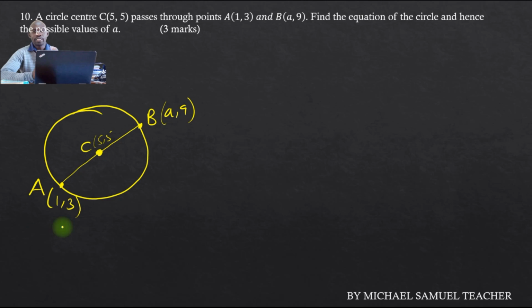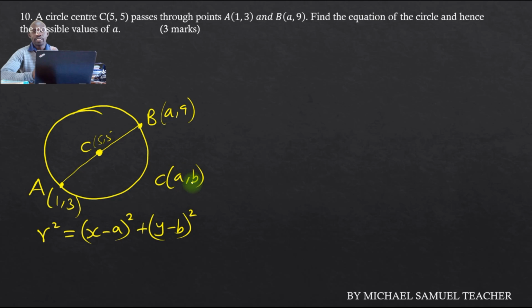You know that the equation of a circle is given by r squared is equal to (x minus a) squared plus (y minus b) squared, where a and b are the center of the circle. In our case here, C is (a, b), so a is 5, b is also 5. Therefore, we can get the equation.